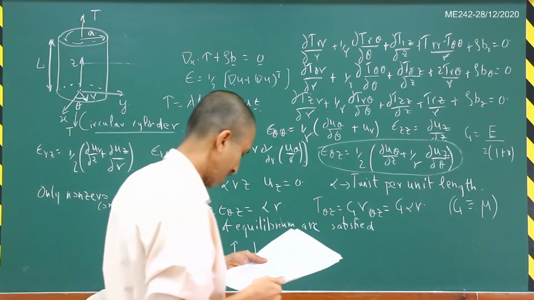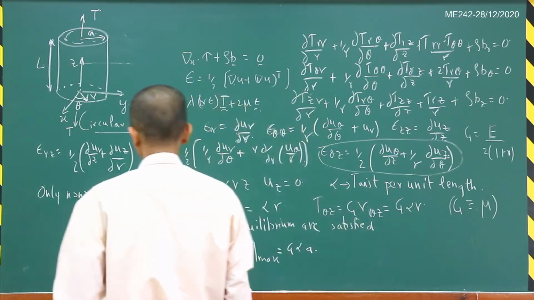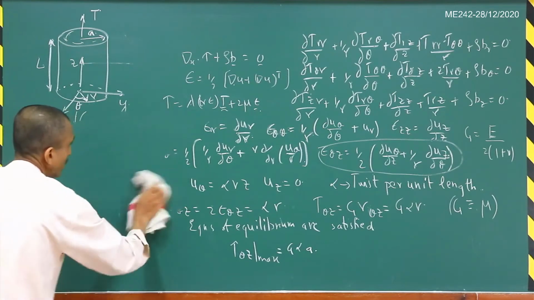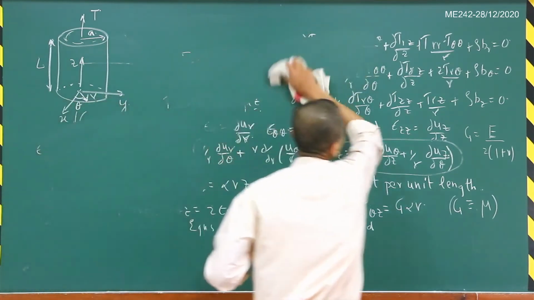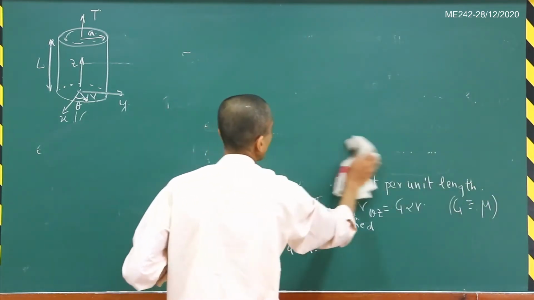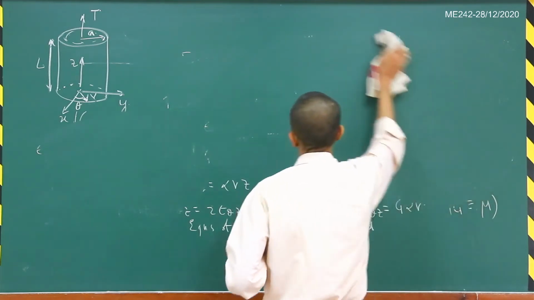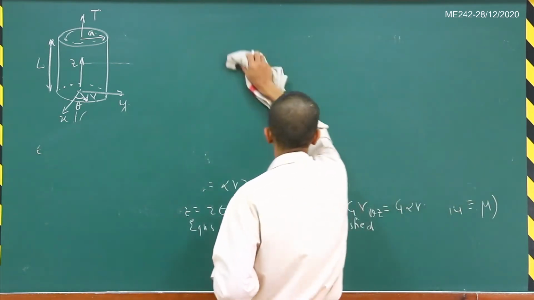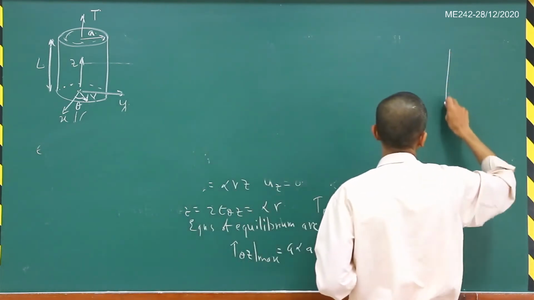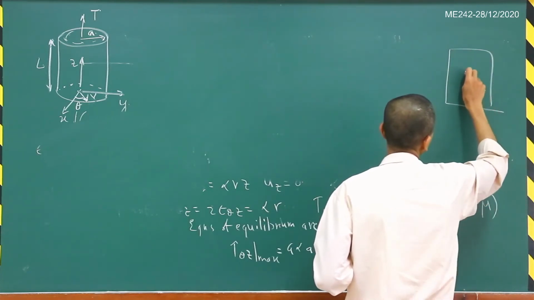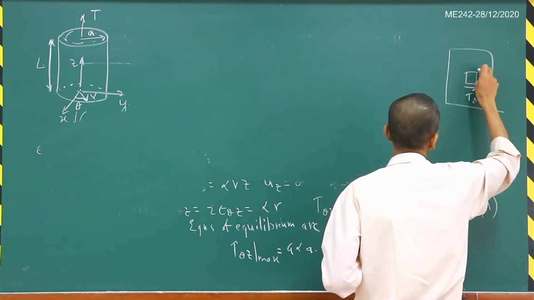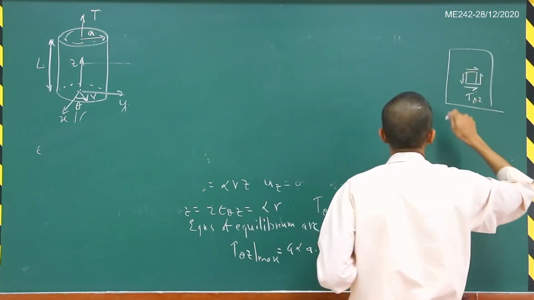And so actually, let me draw the state of stress on an element of this circular cylinder. This part I don't need now. If I take this circular cylinder, this is the lateral surface, so then your tau theta z is acting in this particular way.